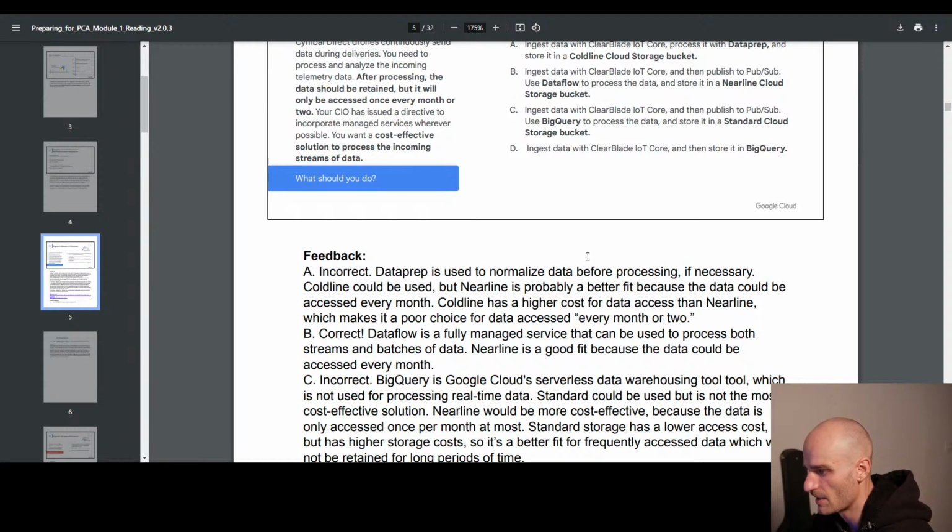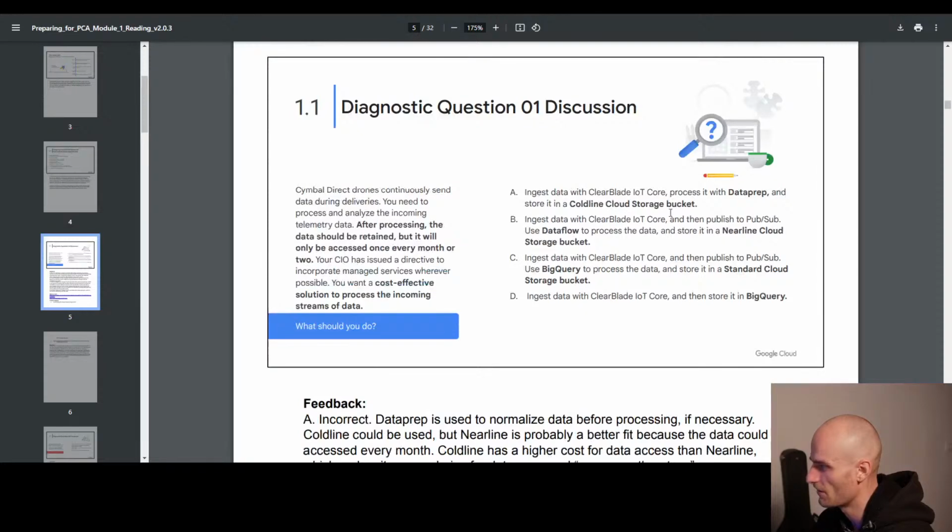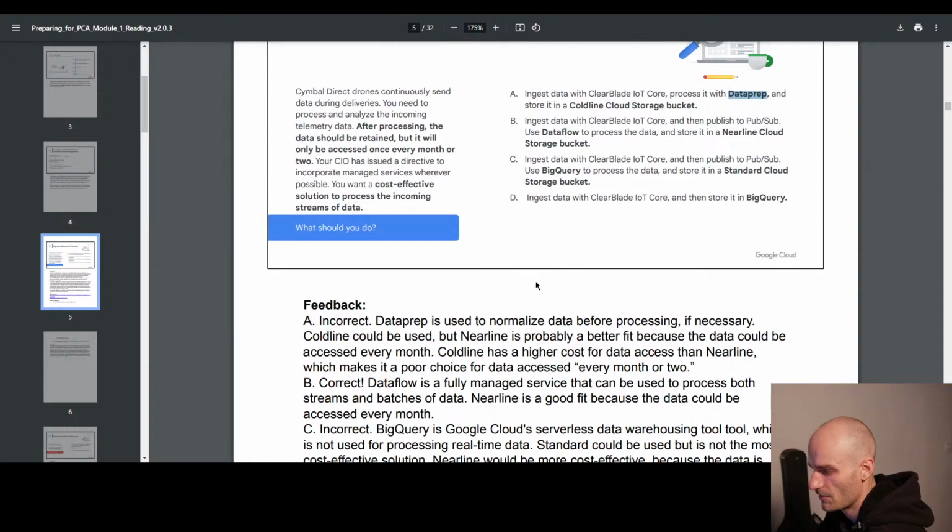If necessary, Coldline will be used, but Nearline is probably a better fit because the data could be accessed every month. Yeah, in this case, I did not remember all the definitions of Coldline, Nearline, and Dataprep. Yeah, all the differences.